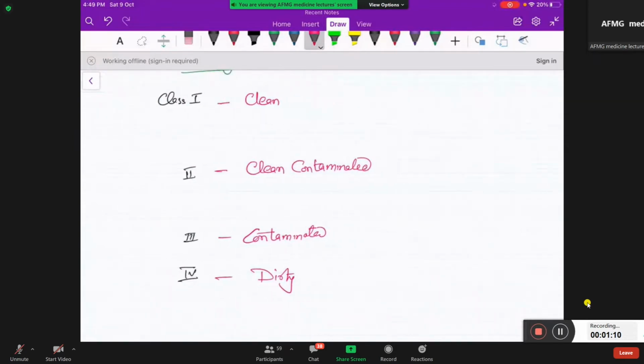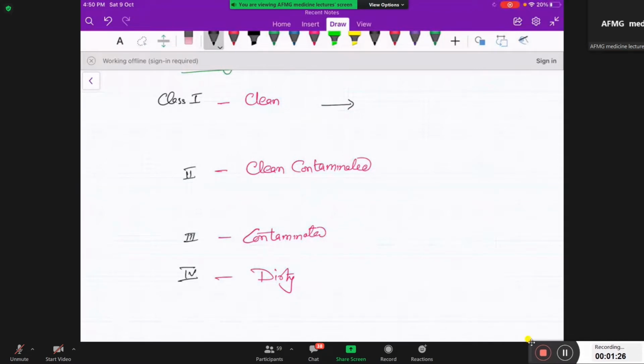Now, what is clean? What is clean contaminated? What is contaminated and what is dirty is important. It is called a clean wound. Just write down this definition. I'll make you understand this.